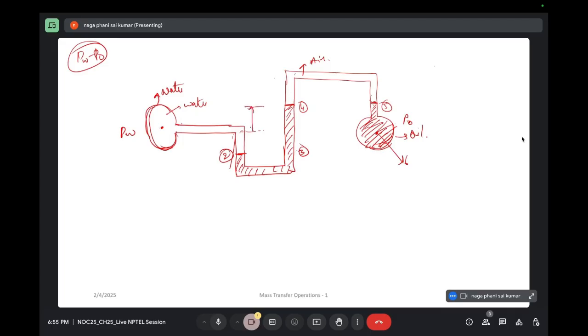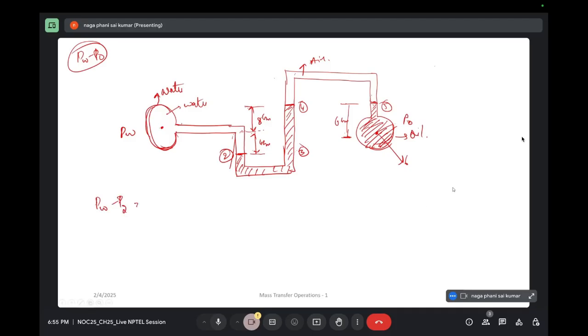Okay, I will be giving dimensions as well. This is 8 centimeters, and this is 4 centimeters, and this is 6 centimeters. So first let's calculate PW minus P2.